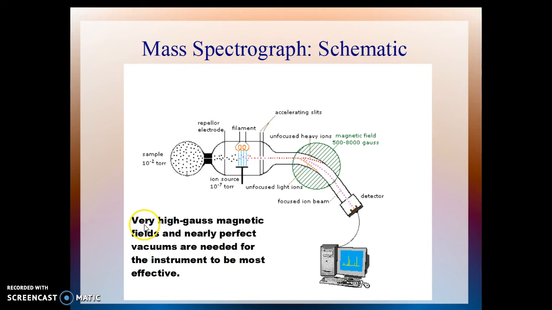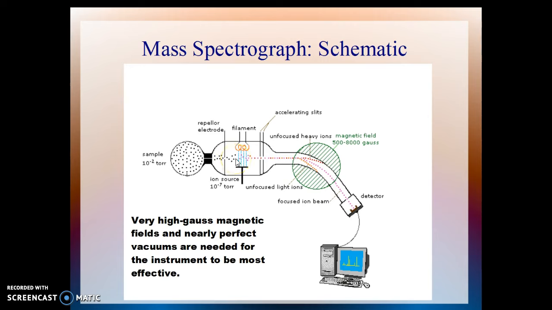First of all, we have to have very, very high Gauss magnetic fields and nearly perfect vacuums in this instrument. Here, the sample is very rarefied, has very low pressure, less than 1 torr, and it is introduced into this, again, it's all evacuated, this chamber where it is ionized.